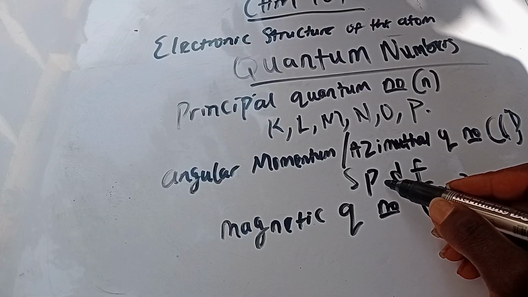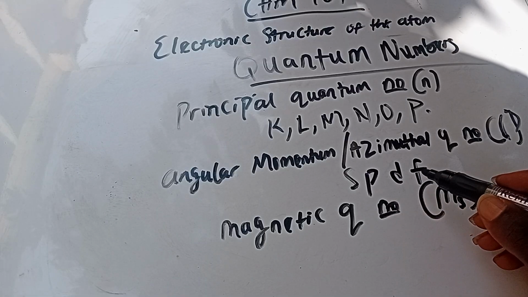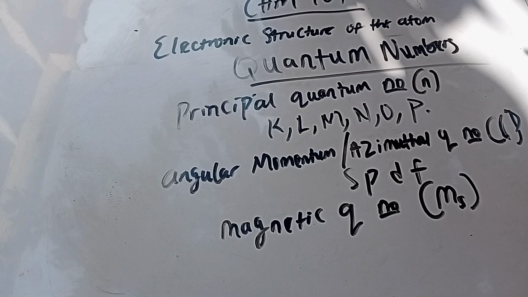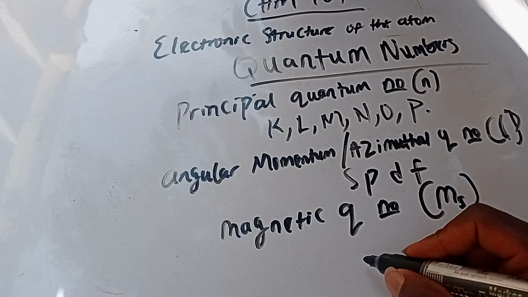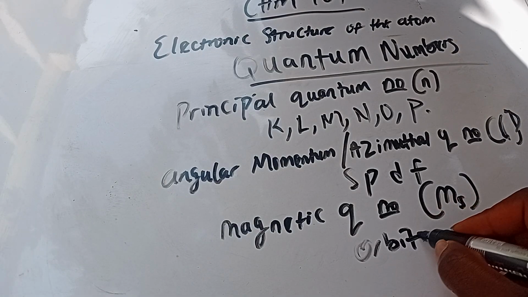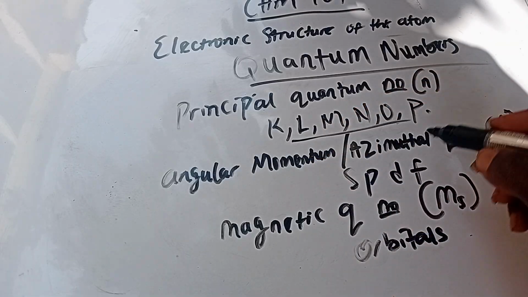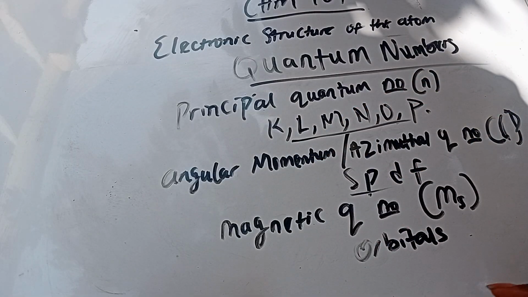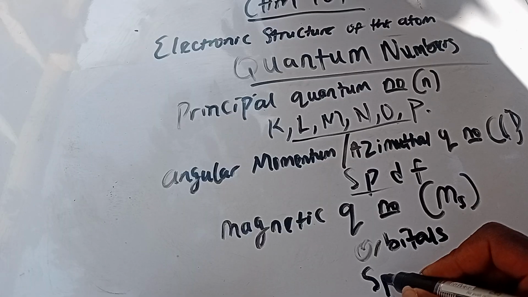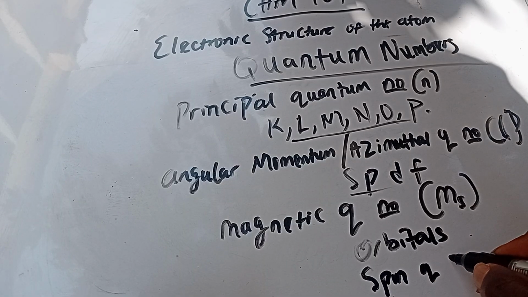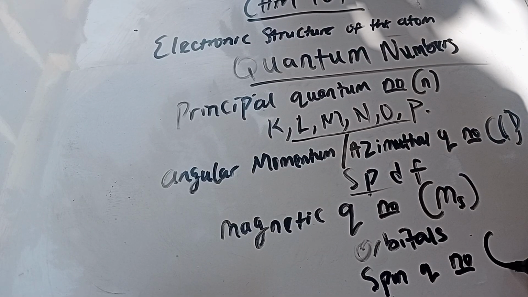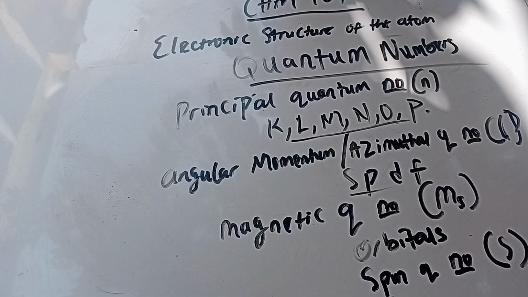S, p, d and f are subshells, but they also have orbitals inside themselves. So this one talks about the orbitals. These are shells, these are subshells, these are orbitals. The last one we have is the spin quantum number. The fourth one, the symbol should be s, spin quantum number. This one talks about direction.